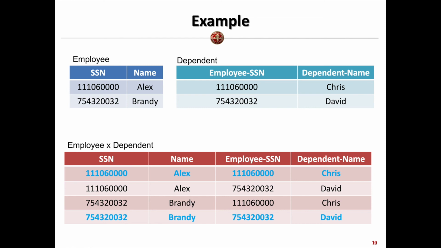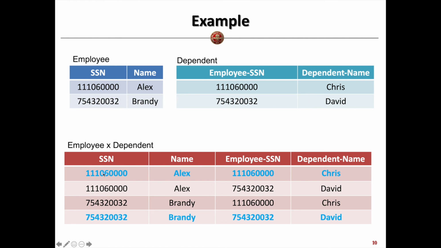For data tuples, we have to combine all the tuples in this table with each one in the Dependent table. In other words, for the Annex record, we have copies here, and we need to combine it with both Chris and David.